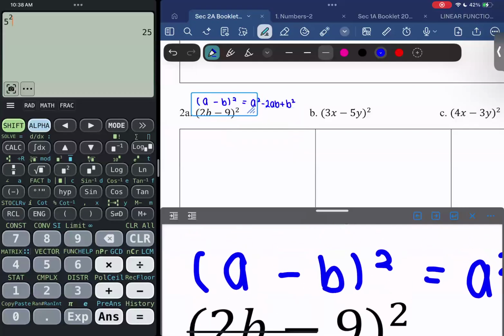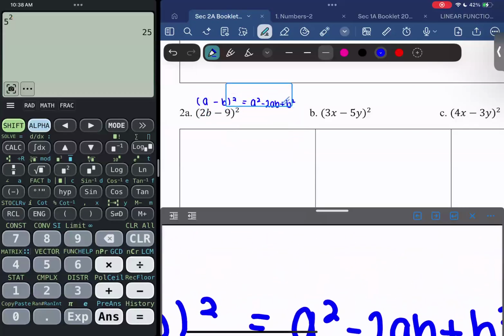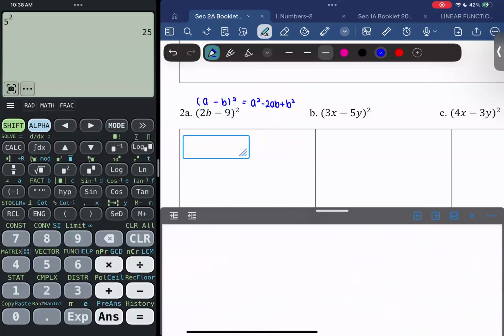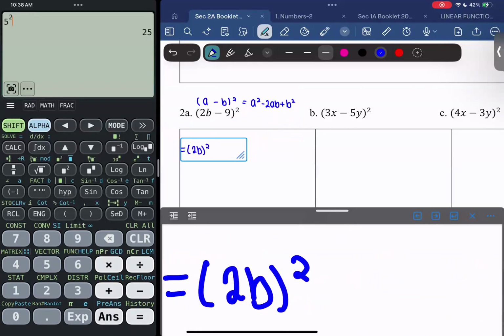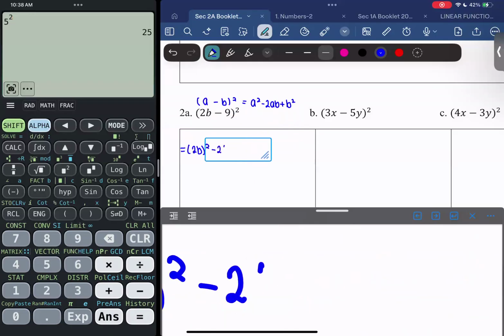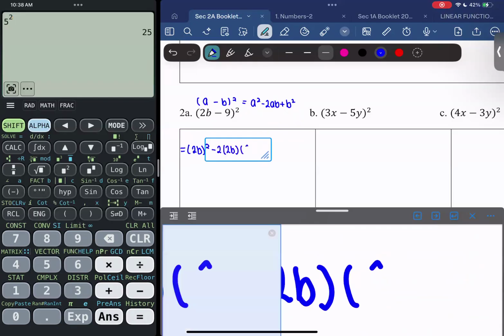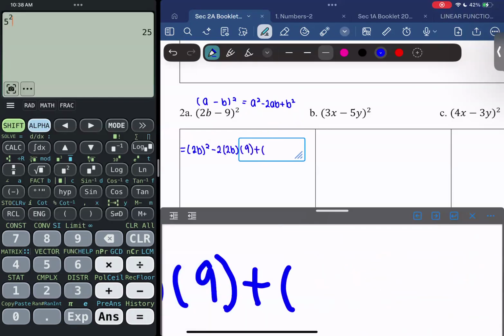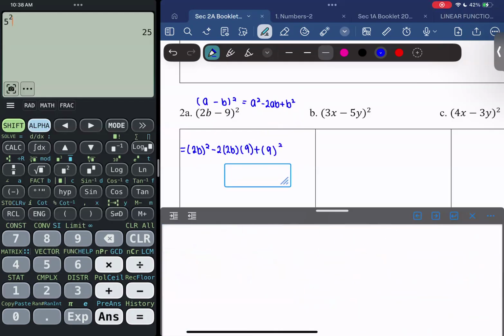So you can see what is your a. a is 2b, b is 9. So it equals (2b) squared minus 2 times 2b times 9 plus 9 squared. Expand it.